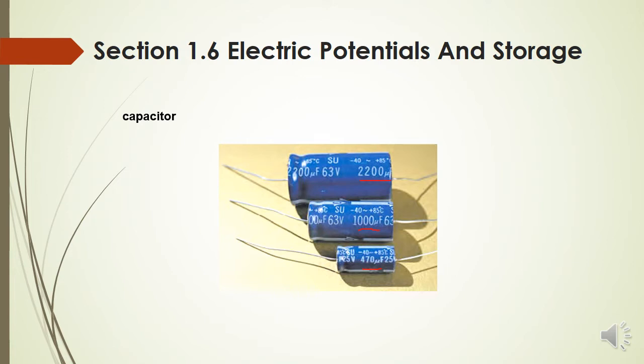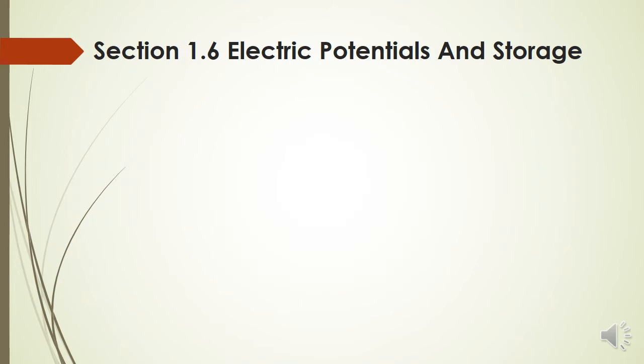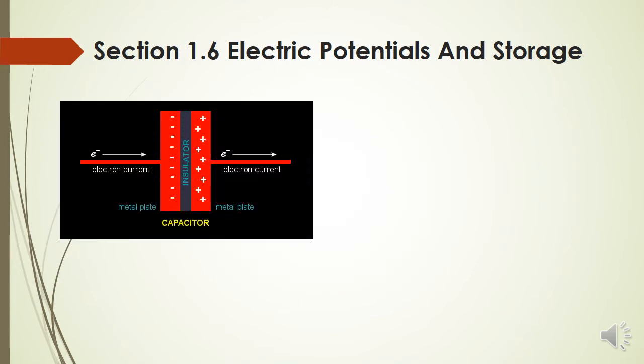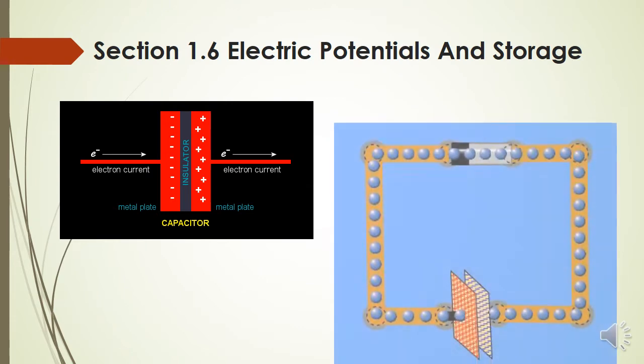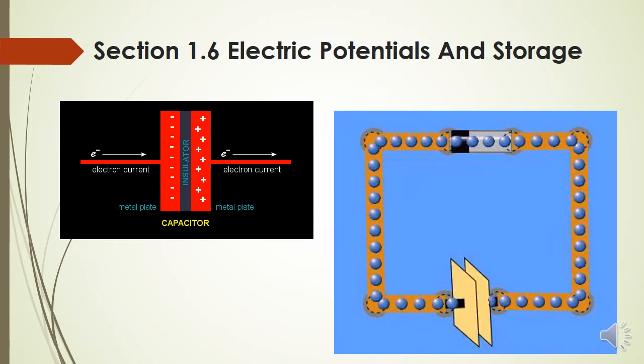The simplest capacitor is a pair of conducting plates separated by a small distance. From this figure, when the plates are connected to a charging device such as the battery in this figure, the positive battery terminal pulls electrons from the plate connected to it.